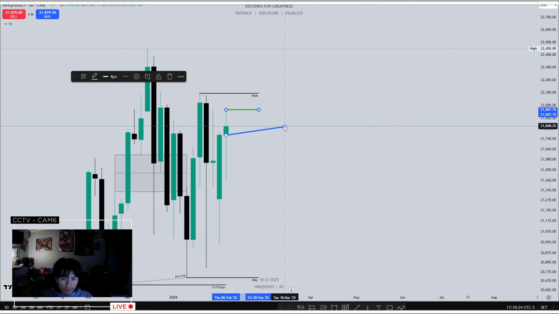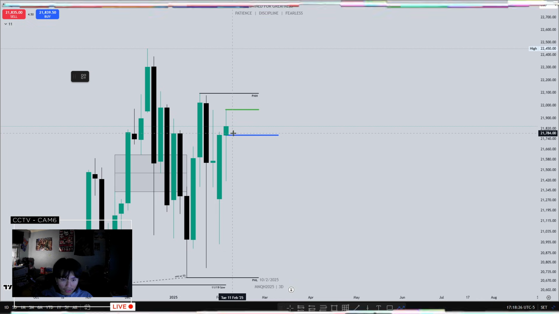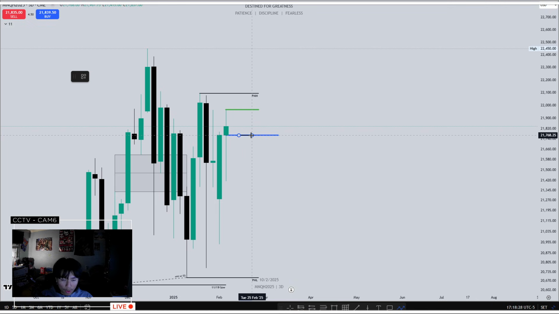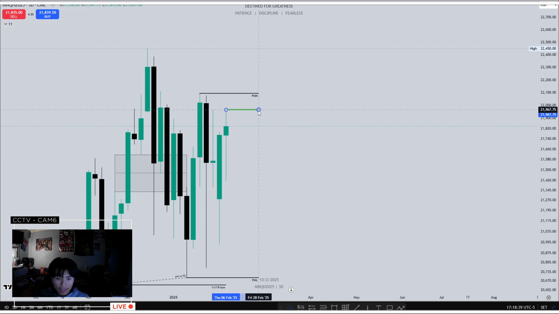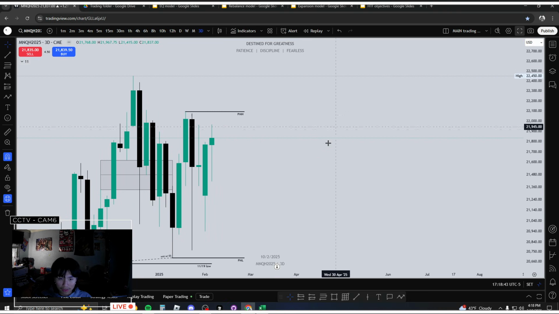So I can anticipate for the next 3-day candle to be an open, low, high, and then close. I want to see us take out the 3-day high. So that would be my higher time frame objective, right? If I can find a trade model on the lower time frames to align myself with this 3-day objective, then I have myself a trade.